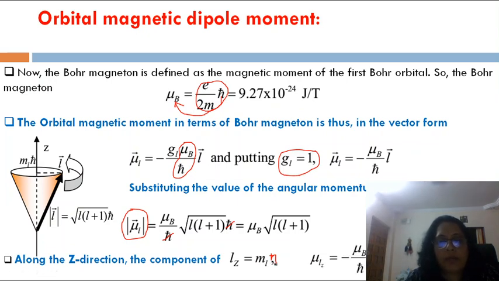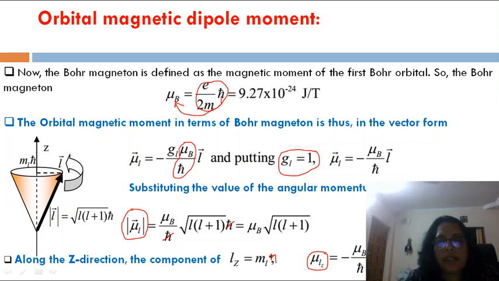Now substitute, therefore the magnetic moment along Z direction will be taken as mu B by h cross Lz. This is mu L, the magnetic moment direction along orbital, and this is the magnetic moment along Z direction. In place of L we can write Lz.